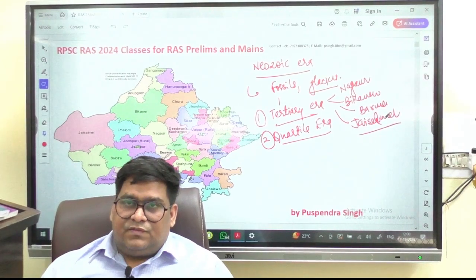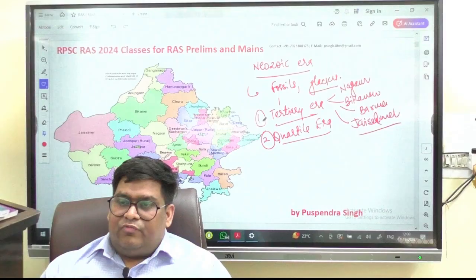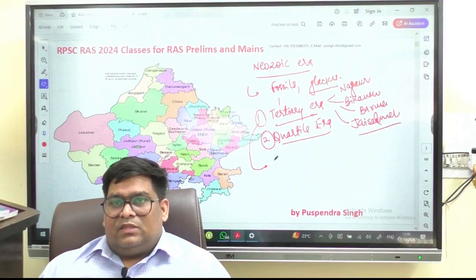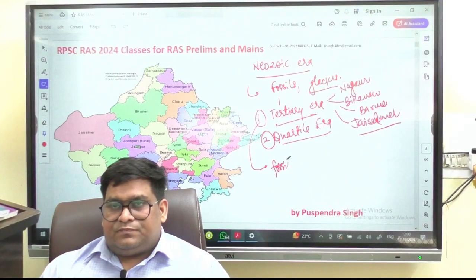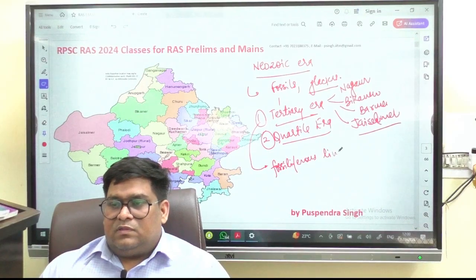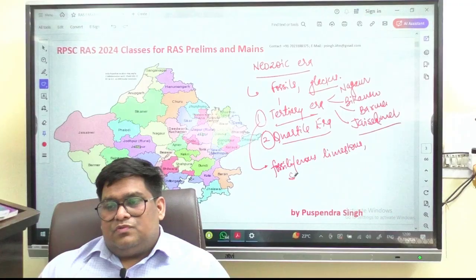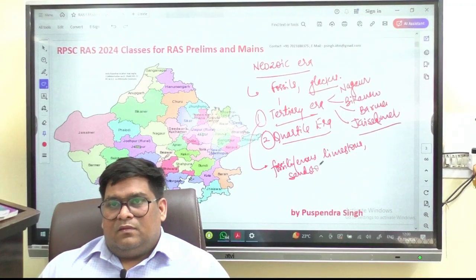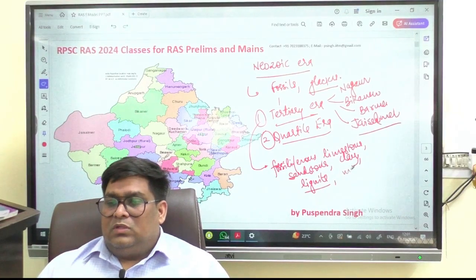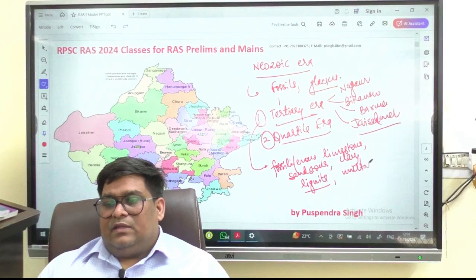What type of rocks will you have? Primarily fossiliferous limestones, sandstones, and clay. You can also find lignite and multani mitti.